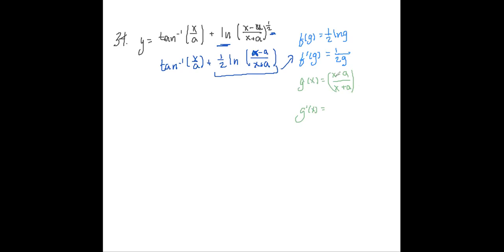It's going to be the derivative of the top, which is just going to be 1, times the bottom, minus the derivative of the bottom, times the top, over the bottom squared.